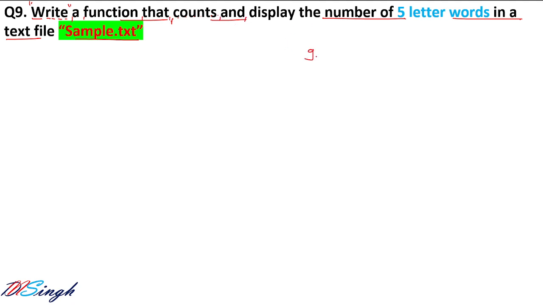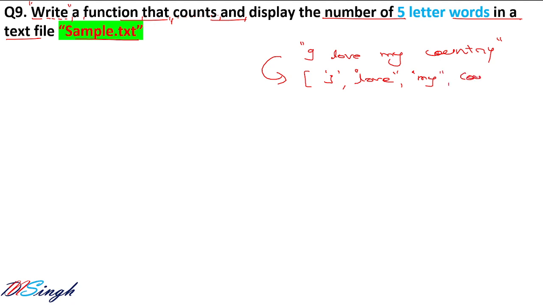Like if I have the content "I love my country" as the content of the file, and I make it a list like this: I, love, my, country, then we can iterate over that list and check the length of each word.